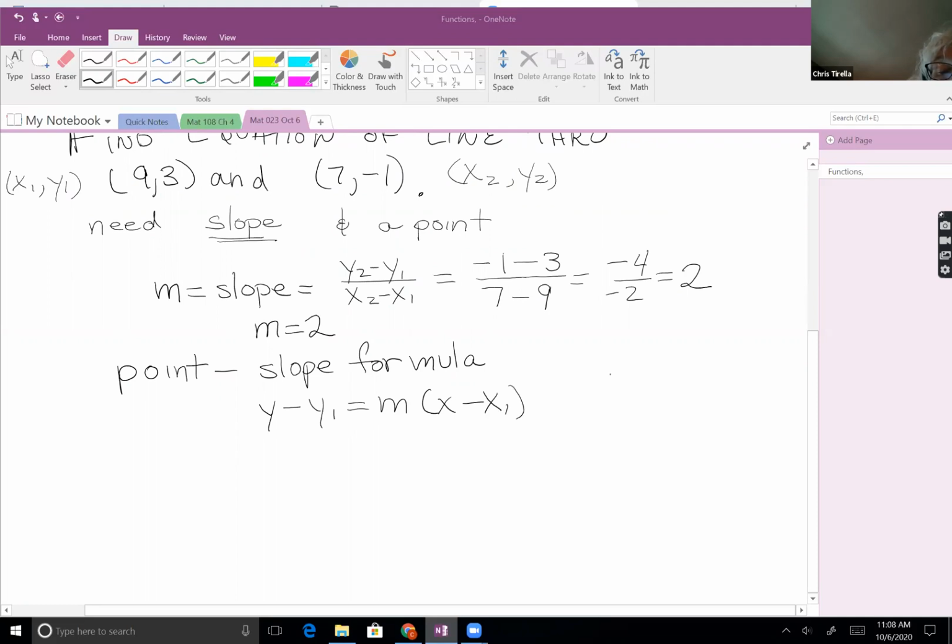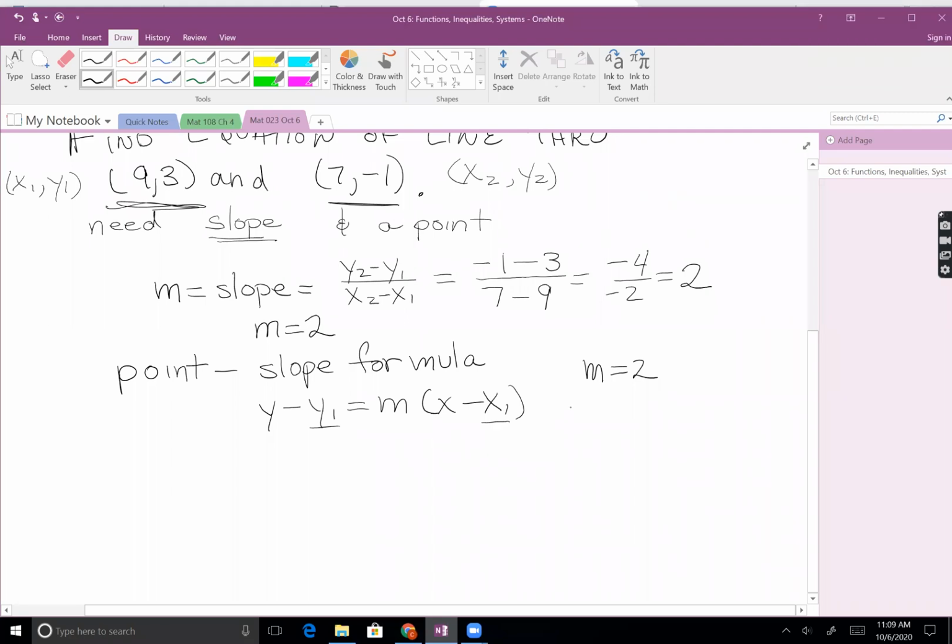Here we know that our slope is 2. And for x1, y1, we can use either of the points. It doesn't matter which. Would you folks rather use the 9, 3 for your point, or would you rather use the 7, negative 1? Does anybody have a preference? 9, 3 or 7, negative 1?